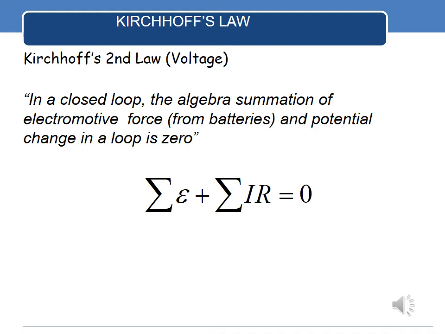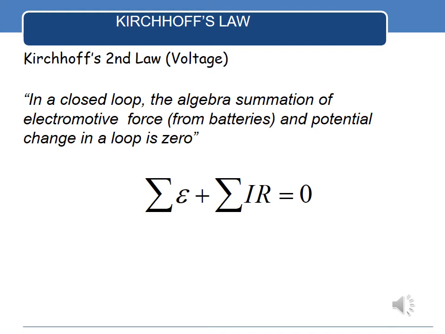Kirchhoff's second law corresponds to the conservation of energy. Energy is related to the voltage or potential difference. So in Kirchhoff's second law, the total voltage from the battery must be equal to the total voltage you find in resistor 1, resistor 2, and so on.